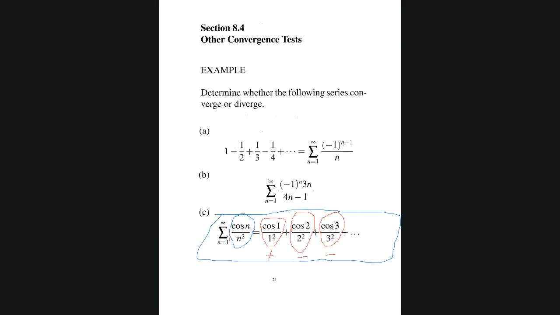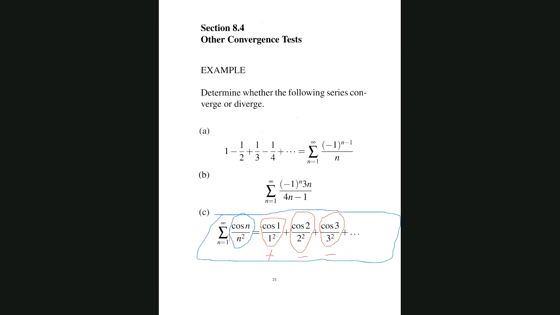To compare one series to another, the terms of the series that you're interested in have to be positive. So the comparison test cannot be directly applied to this series.